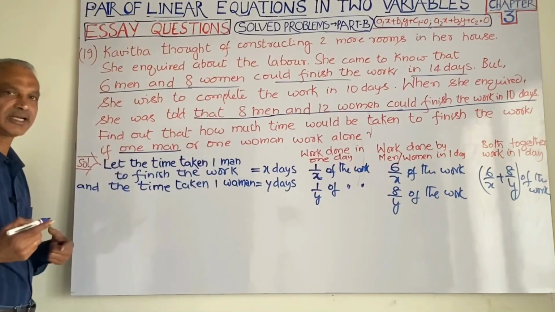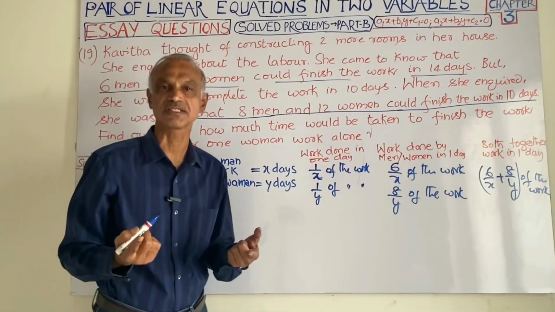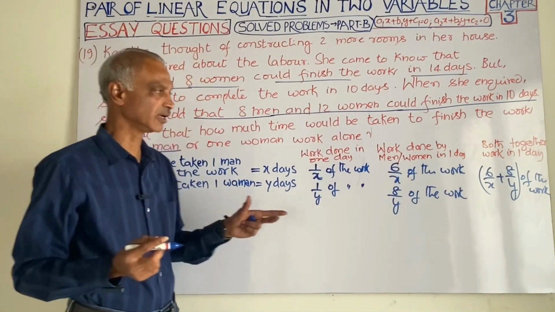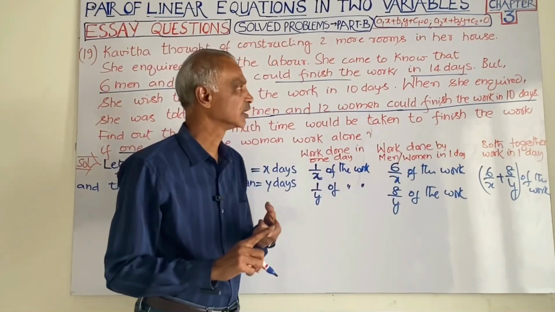See, read again. 6 men and 8 women could finish the work in 14 days. Both together, they will complete the work in 14 days. In 1 day, how much work?